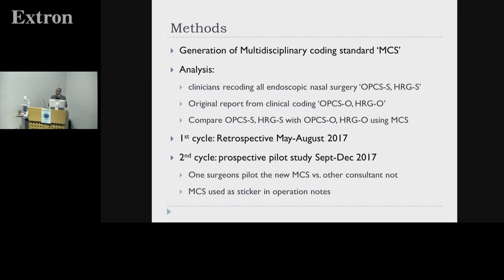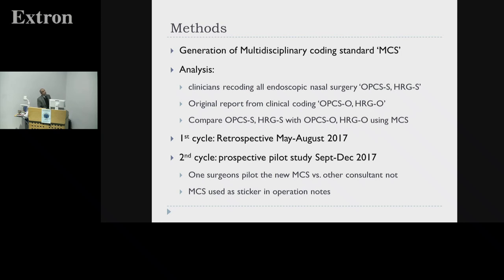So after the training, the 2 ENT trainees independently looked at the operation notes over a period of time to do a cycle of assessment of whether the accuracy from the clinical coding department was good or not. And we managed to get the same report from the clinical coding. We did it in 2 cycles.